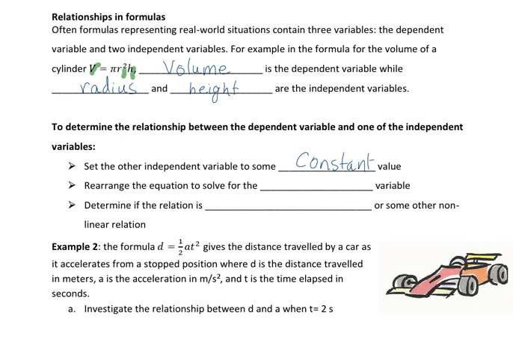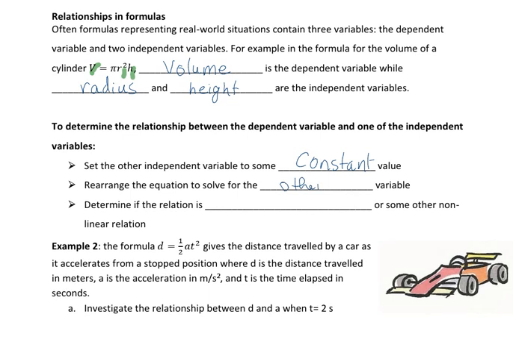So you're going to have to pick one of your independent variables and give it a value. Once you do that, you're going to rearrange the equation to solve for the other variable. So let's say I give h a value, and I want to know what the relationship is between volume and radius. I isolate for the radius by bringing everything else to the other side.